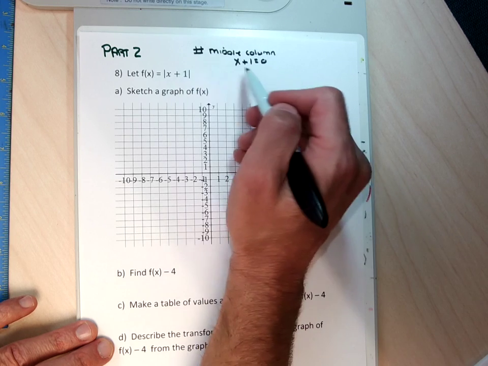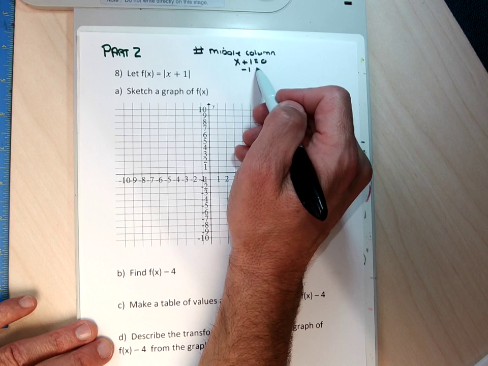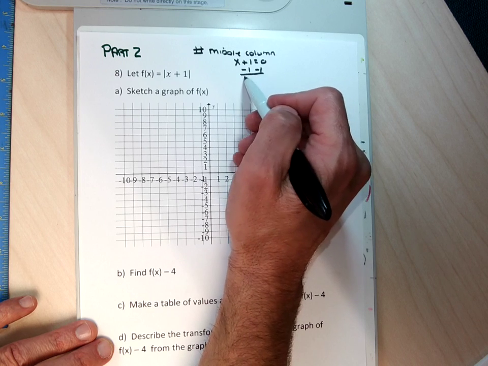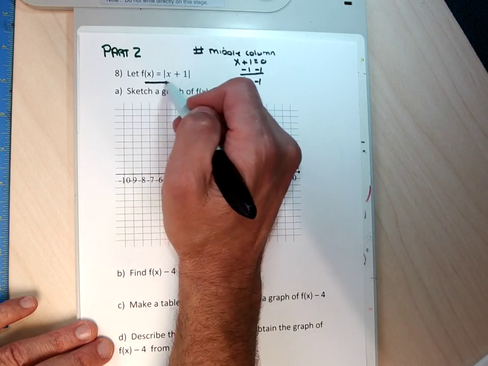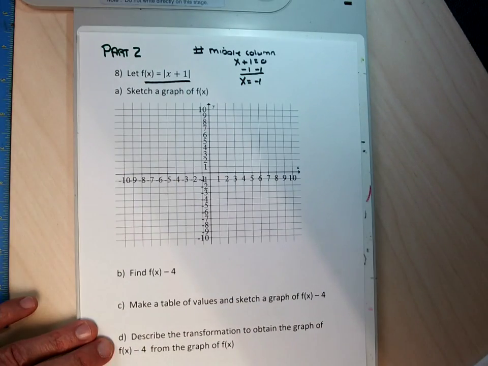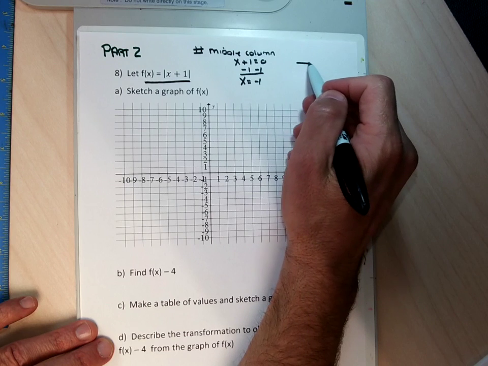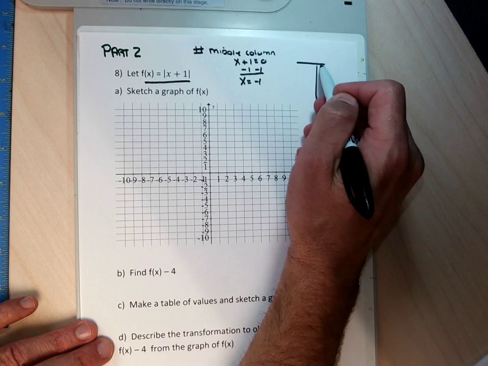So I'm going to set the x plus 1 equal to 0. And the table that I'm going to use to graph f of x equals absolute value of x plus 1 is going to have a -1 in the middle of my x column.